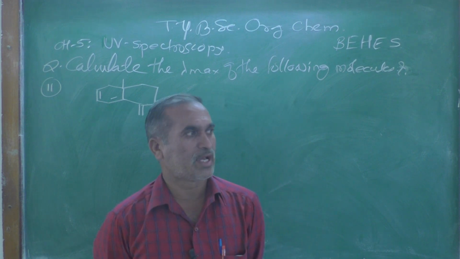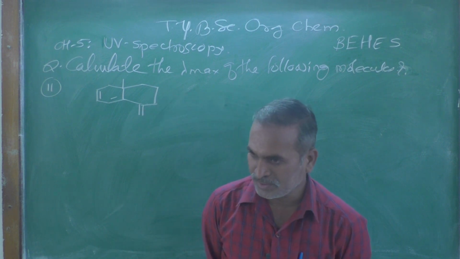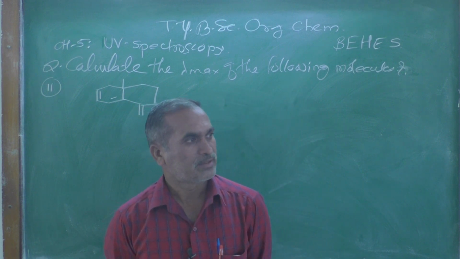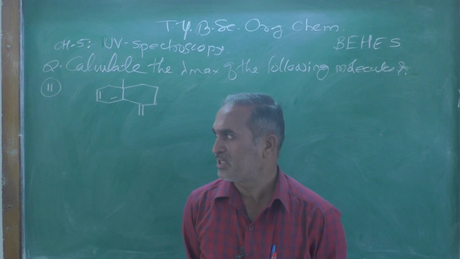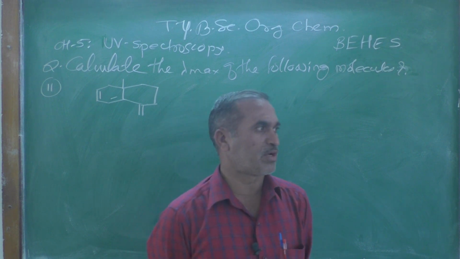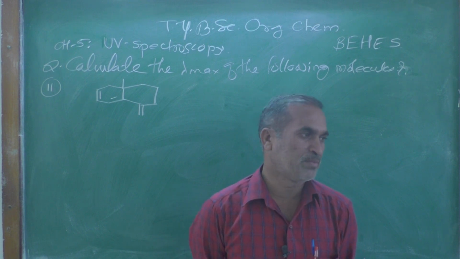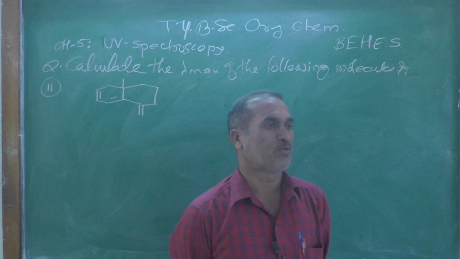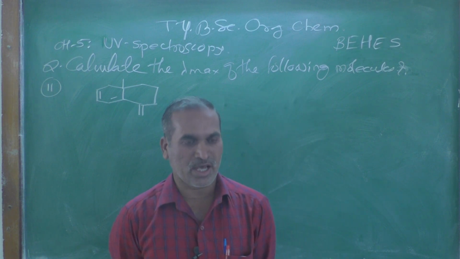And as we know, if your system is a diene, you should take base value 215 nanometer. If an exocyclic double bond is present, then add 5 nanometer. If a homoannular system is present, then you add 39 nanometer.